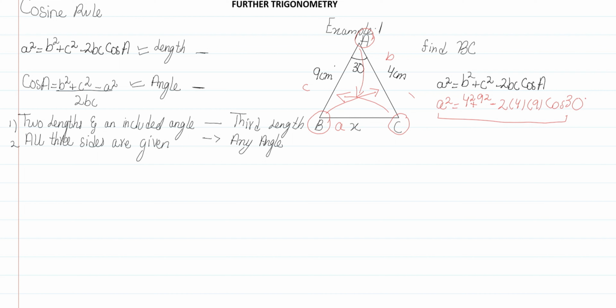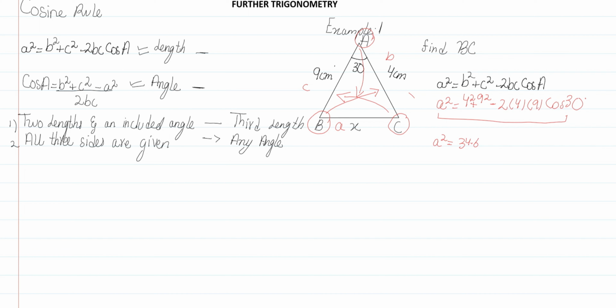If you plug in all the values and press the equals sign: 4 square plus 9 square minus 2 bracket 4 bracket close bracket open 9 bracket close, and then cos 30, you will get 34.6. So a square is equals to 34.6. This is not the final answer, because this is a square.